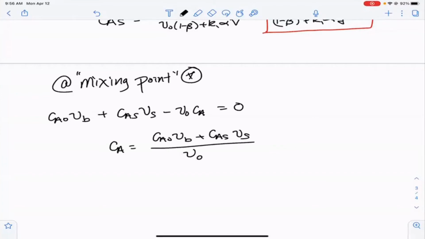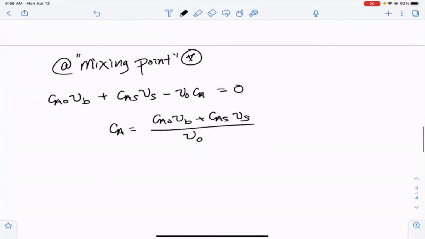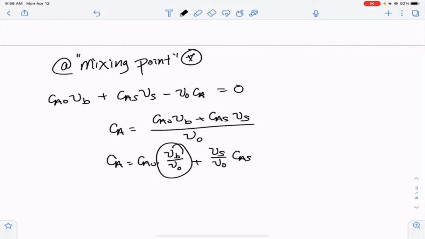Okay. And if I split this into two terms, CA just becomes CA0 times VB over V0 plus VS over V0 times CAS. Now remember that VB over V0 is just the portion of the flow that goes through bypass. So that's just CA0 times beta.